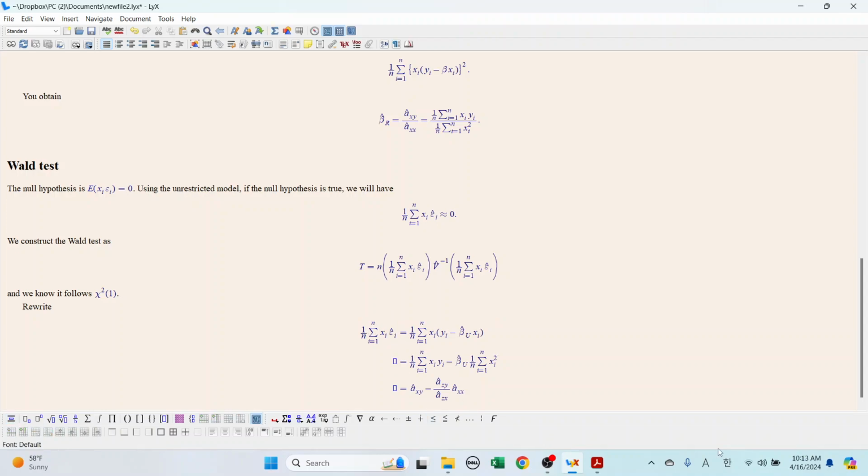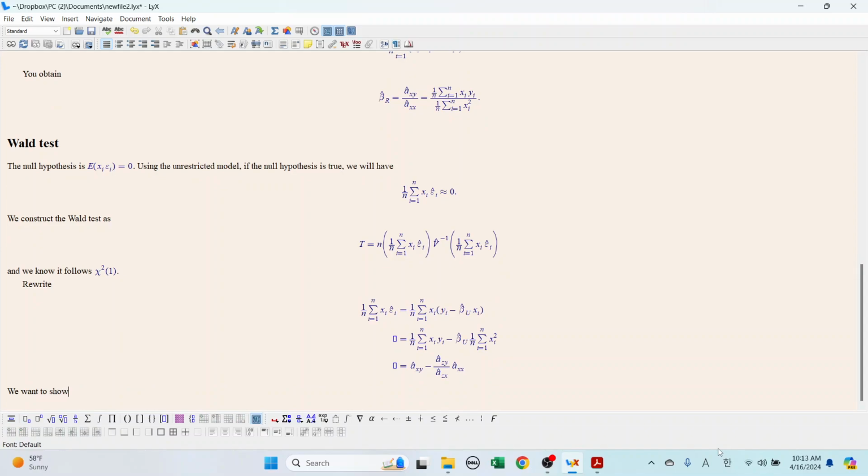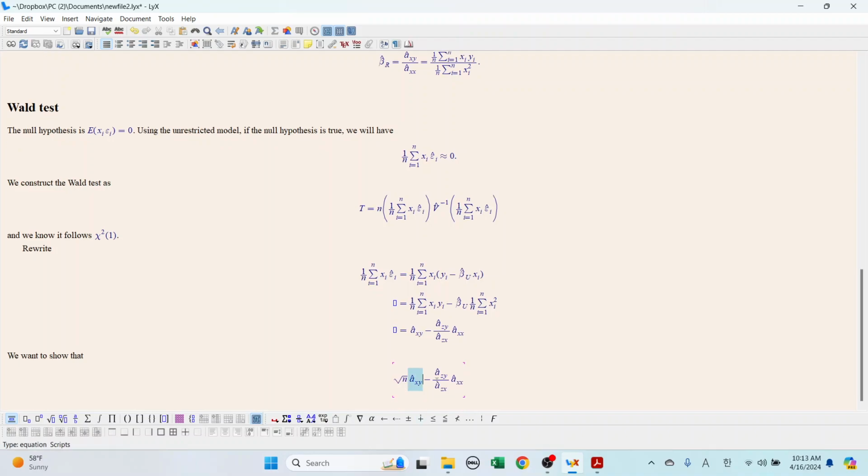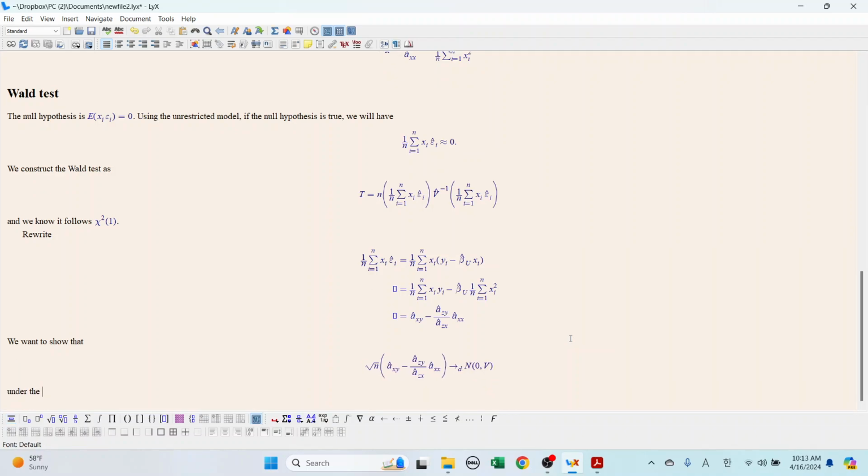We want to show that this guy, after multiplying by square root n, converges in distribution to a normal with mean 0 and variance V under the null hypothesis.